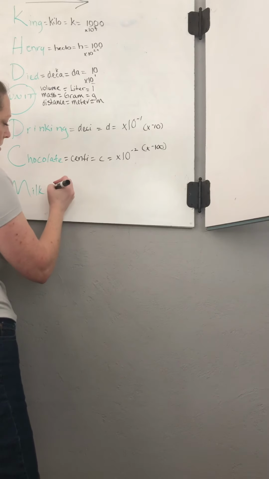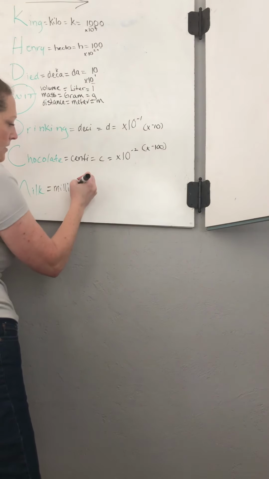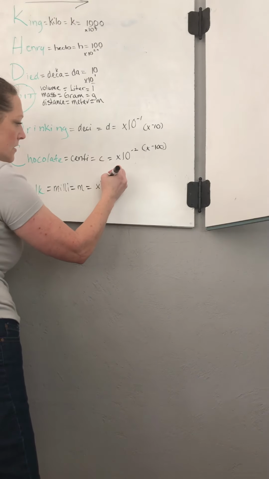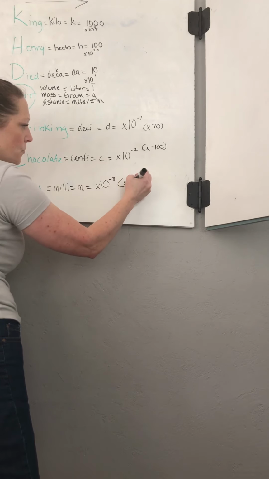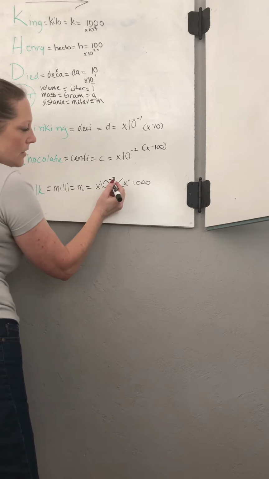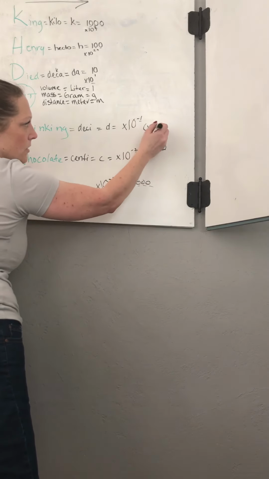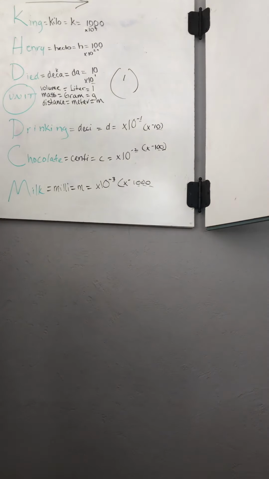And the last one is milli, abbreviated with an M, and it's times 10 to the negative 3, which is the same thing as times negative 1,000. Negative 3, 1, 2, 3. Negative 2, 1, 2. Negative 1, 1. This is just 1 all the way around.